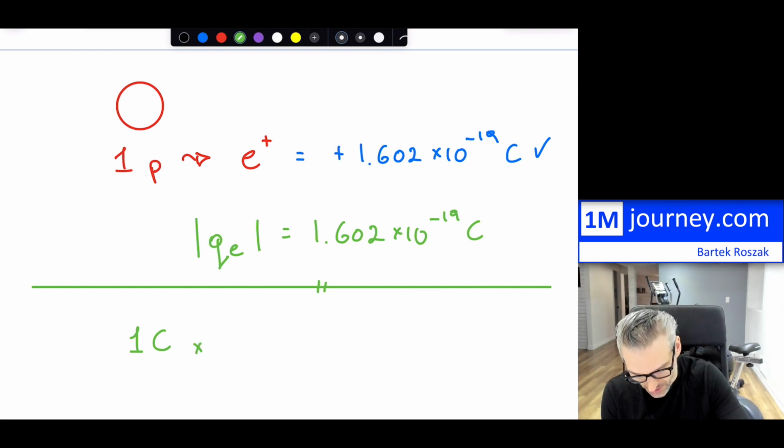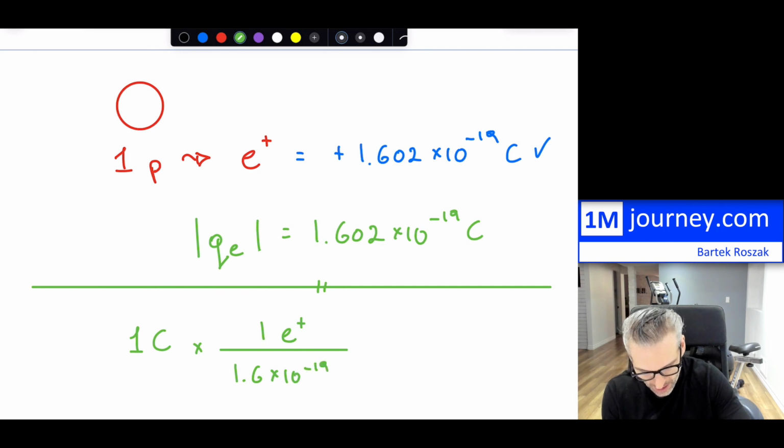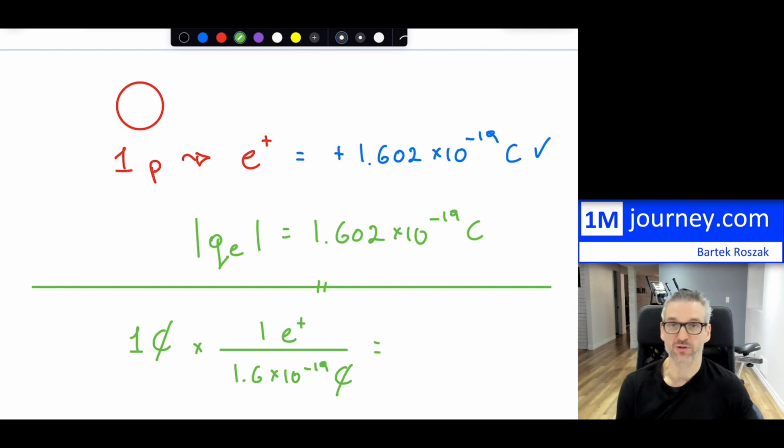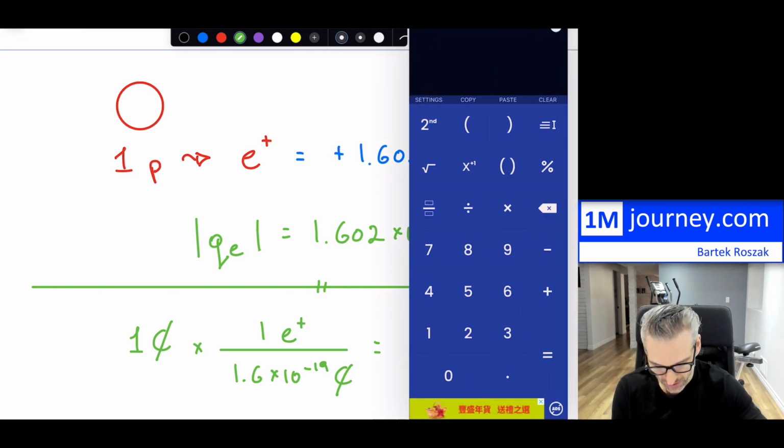Well, within here, we would have to do the following. We would have to say, all right, well, 1 proton charge, or simply, if we would write this out in terms of electrons, this would have been E but positive, is equivalent to 1.6 times 10 to the negative 19 coulombs. So notice the coulombs will cancel, so now all you're doing is a unit conversion in terms of the electrons themselves, and you can check how big would this be?